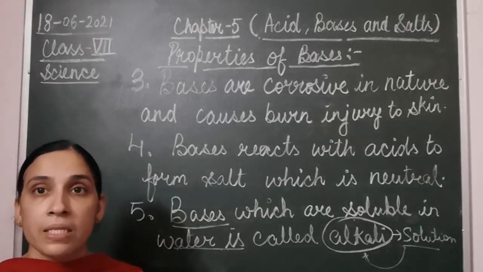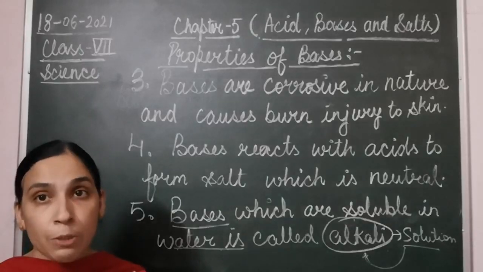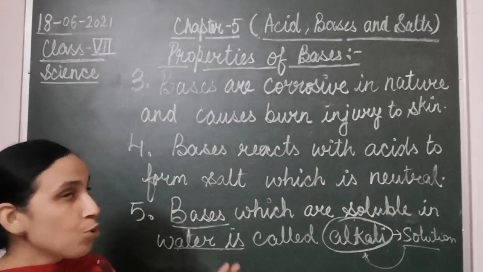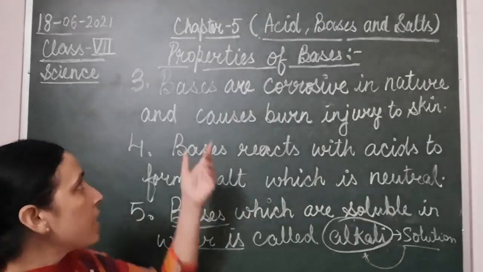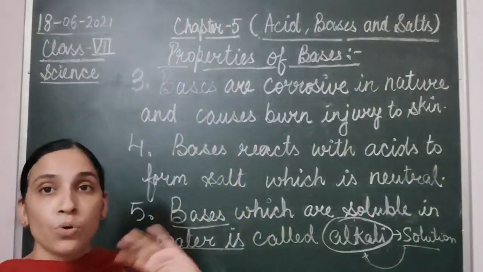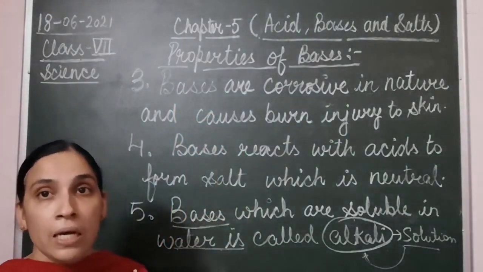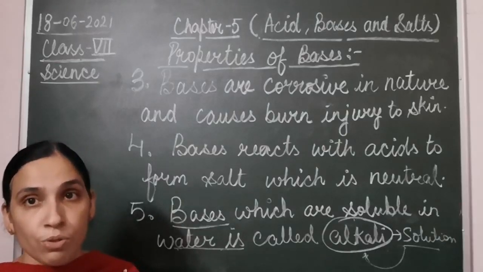Second, bases turn red litmus paper into blue, which shows the presence of base. Number 3, bases are corrosive in nature and cause burn injury to skin.